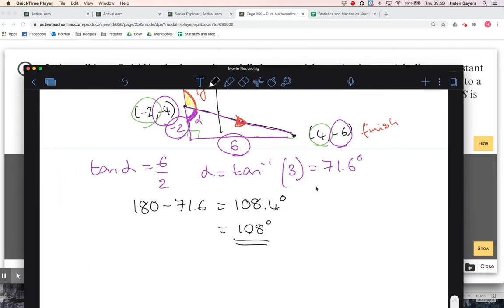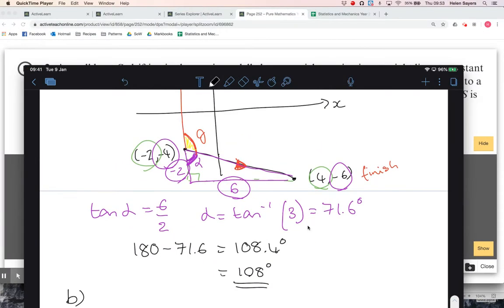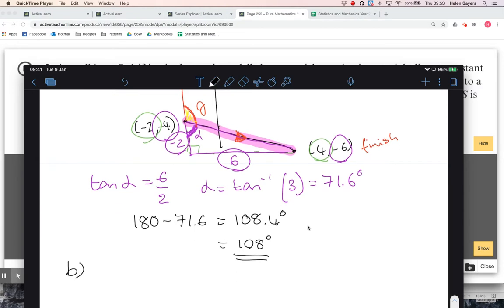Okay, so because we want the speed rather than the velocity, I can just do it as distance over time. So the distance it's travelled is going to be that distance there. Again, if I just sketch out, I am just thinking about right angle triangles. So I've already worked out here that it travelled 6 to the right and 2 down.